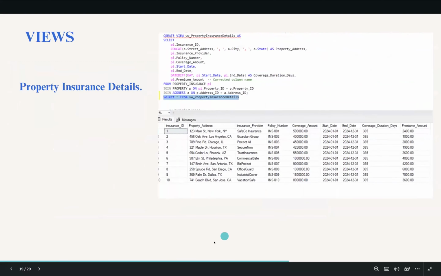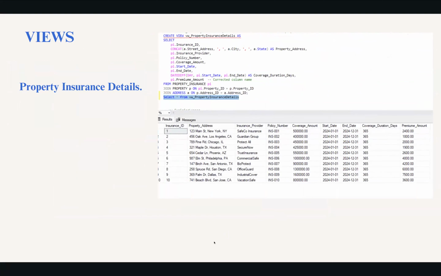Yeah, so let's dive into some of the key database views that we have developed for our project. Our first view, property insurance details, brings together crucial insurance information for each property. It showcases the insurance provider, policy details, and calculated coverage duration in days. By integrating this data with complete property addresses, stakeholders can easily track policies and identify potential gaps.